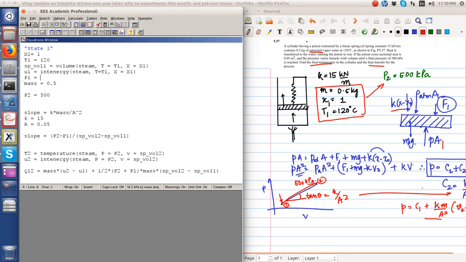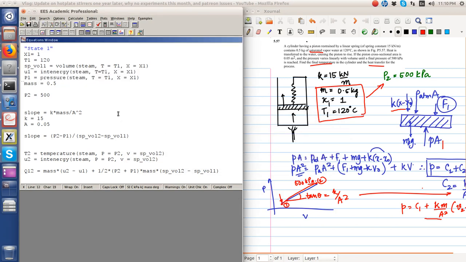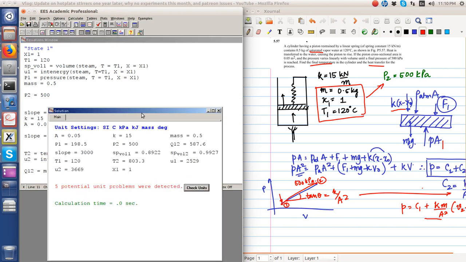P1 is equal to pressure of steam at T equal to T1 and X equal to X1. Hopefully there's not more than one equal to sign. What's wrong? Okay, there was a small typing mistake apparently. So the problem has been solved.